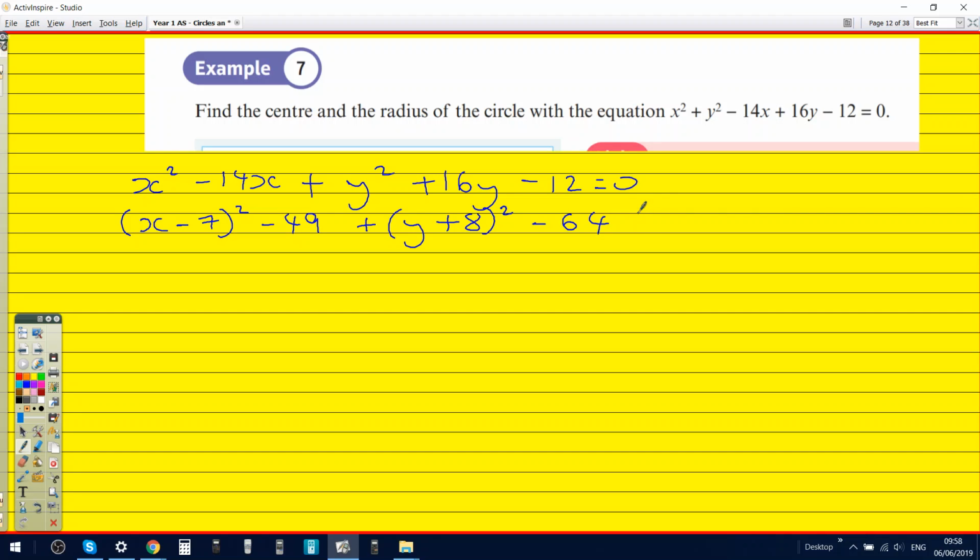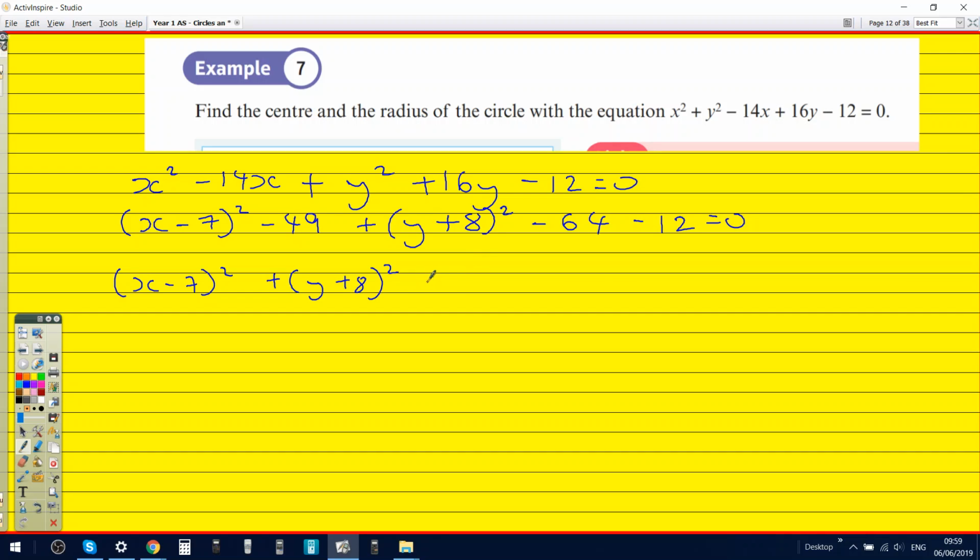So altogether you've got x minus 7 squared plus y plus 8 squared minus 49 minus 64 minus 12, which is minus 125, should it be?